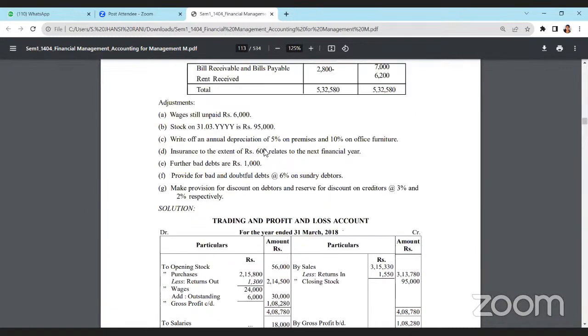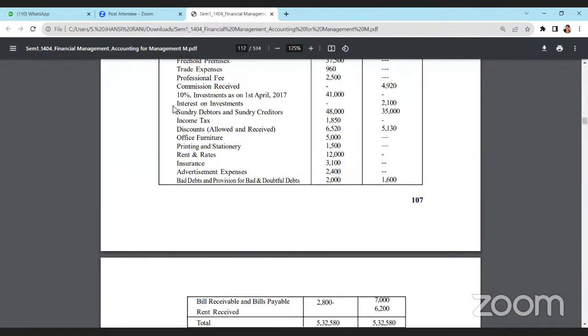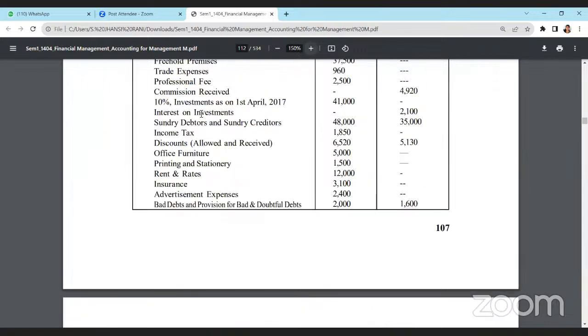Now, when I was telling about investments, if you look here, 10% investments as on 1st April 2017, I said we have some adjustment that I'll explain. Investment is an asset to us. Whenever we invest somewhere, what do we expect? What is the purpose behind investments? We receive some interest. But if you look here, 41,000 is our investment.